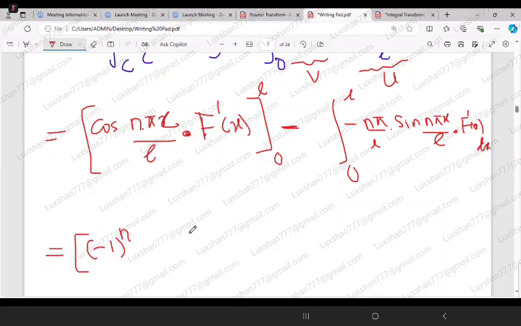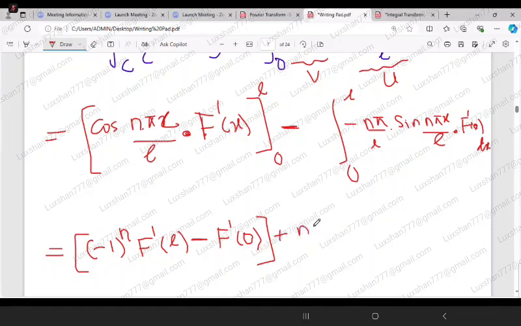Minus 1 to the power n f dash L, minus, if I substitute x equals 0, this becomes 1. This is f dash 0. Okay, minus. So minus into minus, this becomes plus.